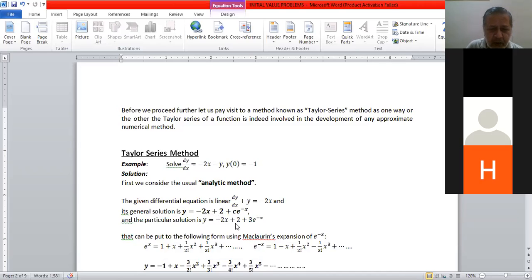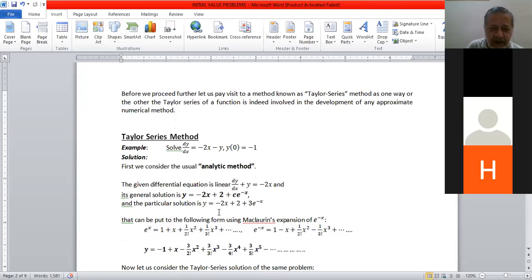Now, this particular solution can be put into Taylor series form. I'm not still considering what is Taylor series method. Just this particular solution obtained through analytical method. Let us use an expansion of e power x or e power minus x. E power x is equal to 1 plus x square upon 2 factorial plus x cube upon 3 factorial.